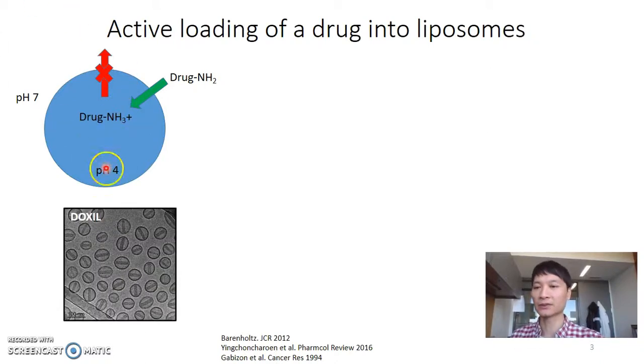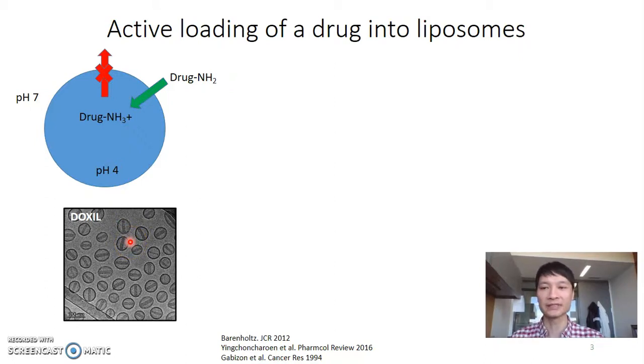So here is the example of Doxil, which is the pegylated liposomal doxorubicin used clinically. And this is under the cryo-TEM. You can see the morphology of Doxil showing lipid bilayer, and the drug is now precipitated in the aqueous core.